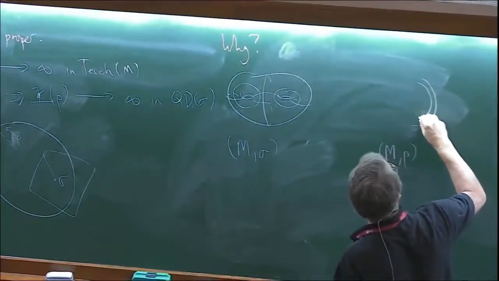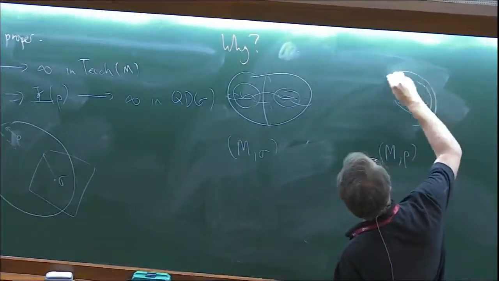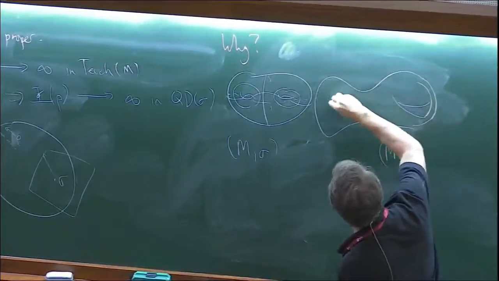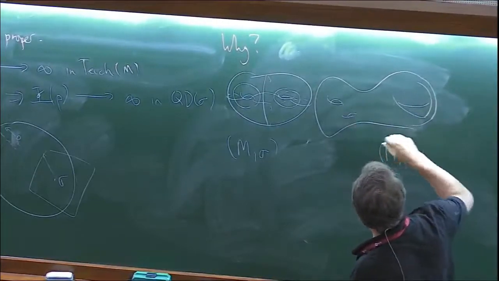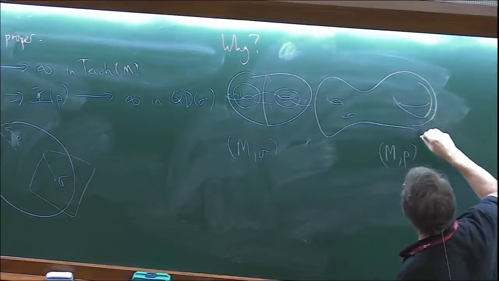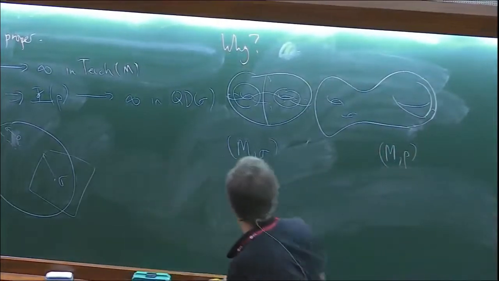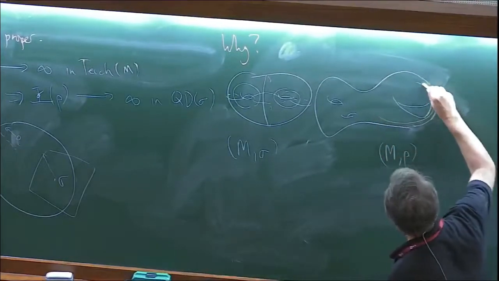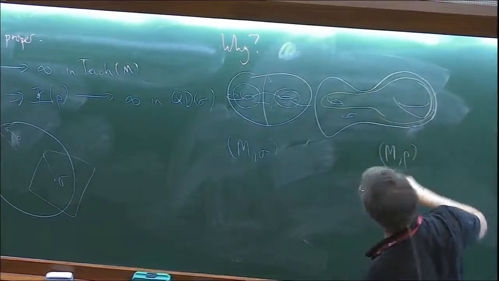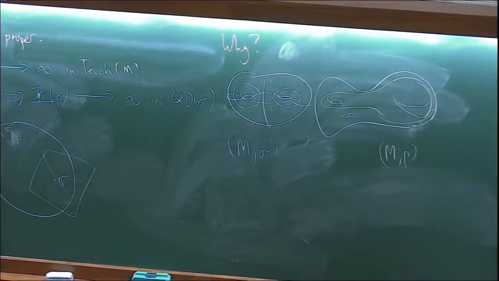This is a bit of a cartoon. Maybe there's a short curve here, but if there's a short curve there, then there's a really long curve that came through it. Does that make sense?